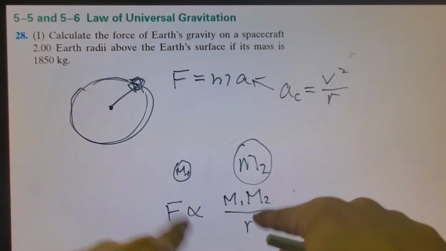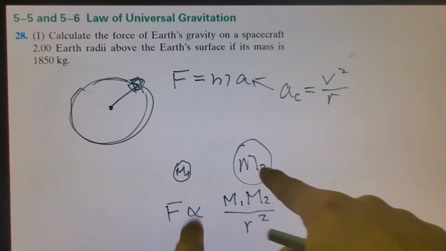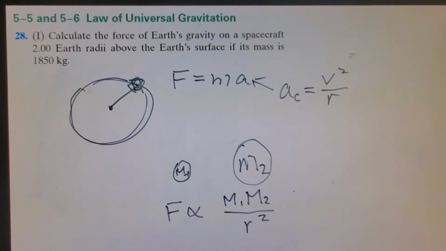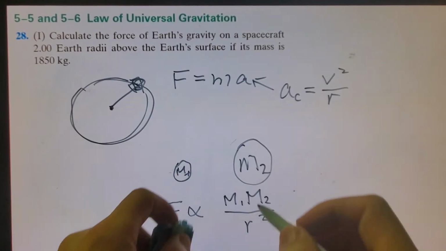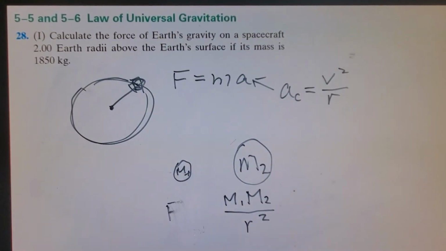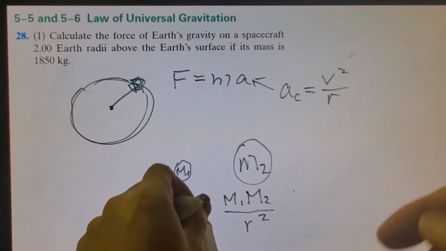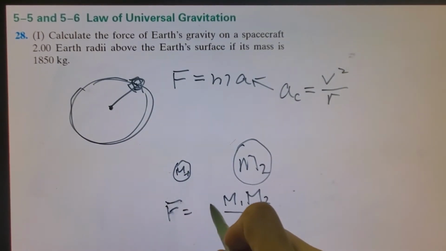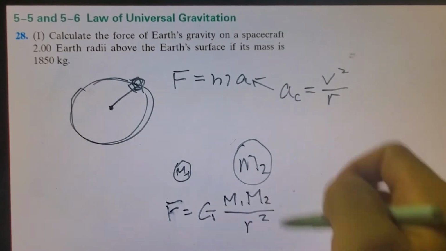When r is bigger, when the denominator is bigger, then the whole thing is going to be smaller. So instead of writing proportional to, we can say it is equal to a proportional constant times this one.